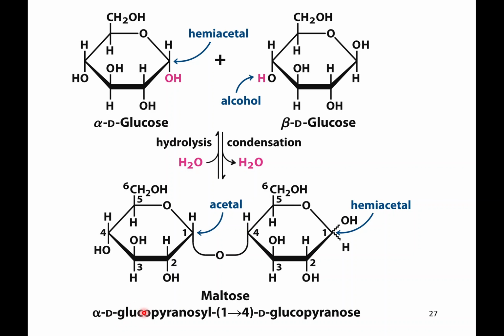Glucose meaning glucose, pyran meaning a 6-membered ring, and osyl meaning you have a glycosidic bond there. Then you would indicate what that bond is, between what carbon. On this monomer, it's between carbon 1, and then you draw an arrow to the carbon it's attaching to on the next sugar, which would be carbon 4. And this sugar is D-glucopyranose.